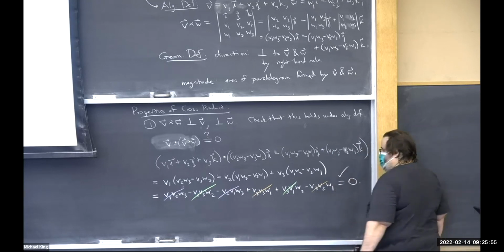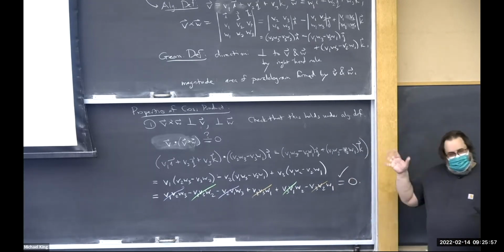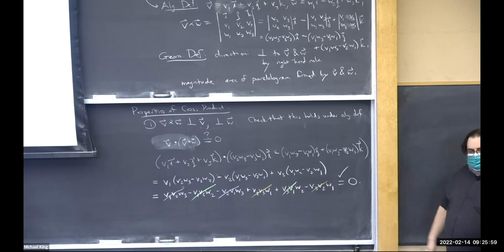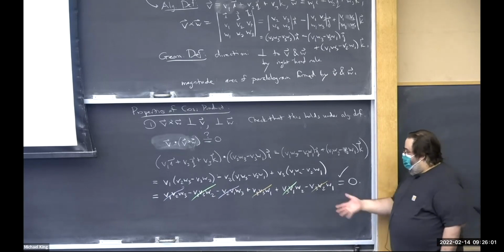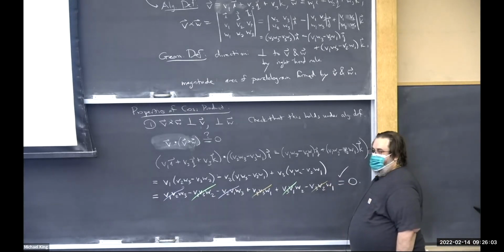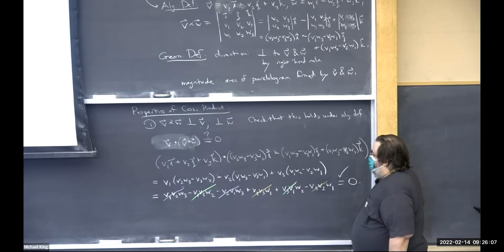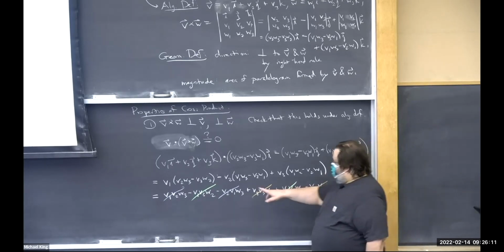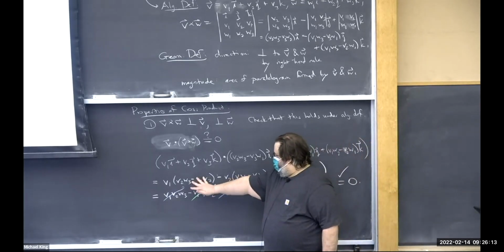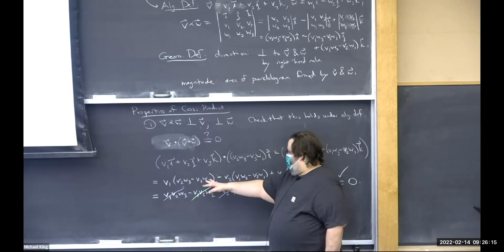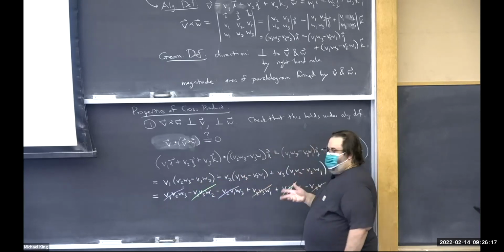Yay. So everything cancels perfectly, which is kind of interesting. If you try it with W also, I'm not going to do it, but you can try it with W, and it also cancels. Somehow these things are set up perfectly so that when you dot them with W and V, they exactly create cancellation.